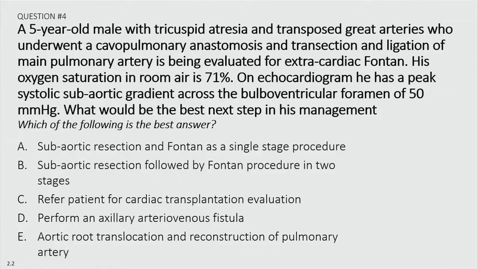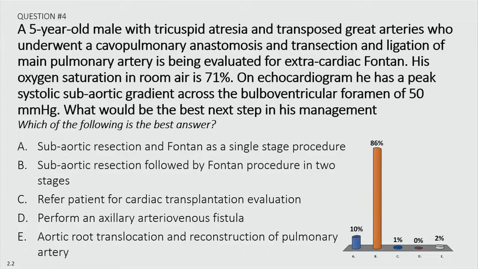B, subaortic resection followed by Fontan procedure in 2 stages. C, refer patient for cardiac transplantation evaluation. D, perform an axillary AV fistula. E, aortic root translocation and reconstruction of the pulmonary artery.